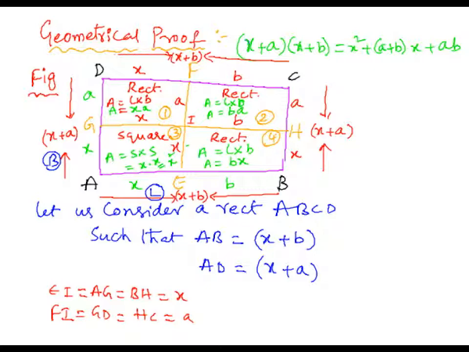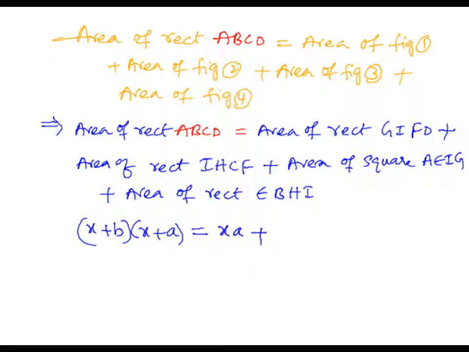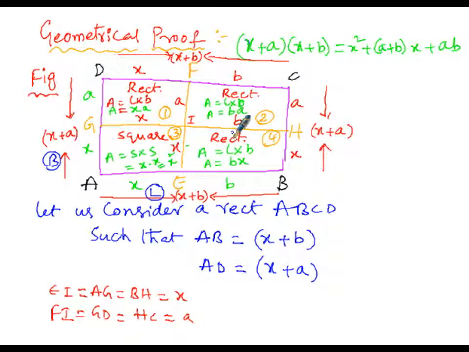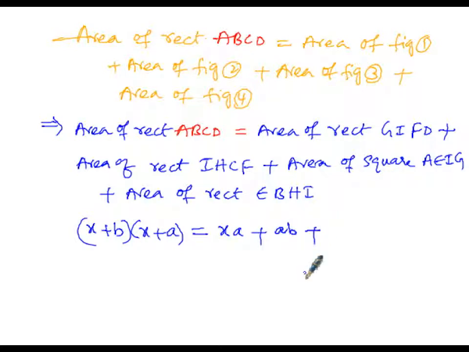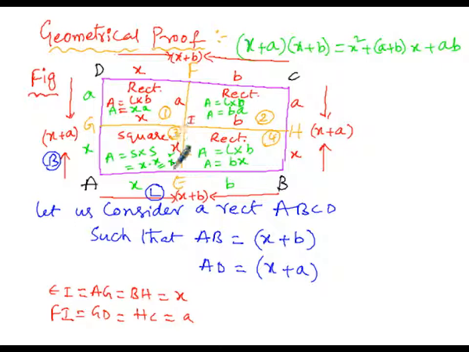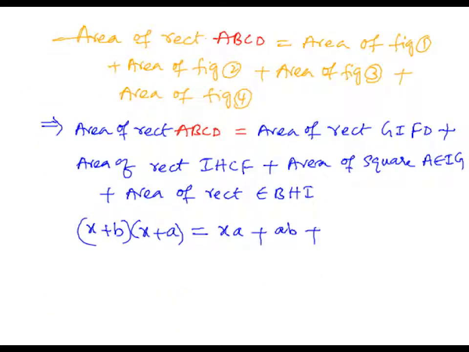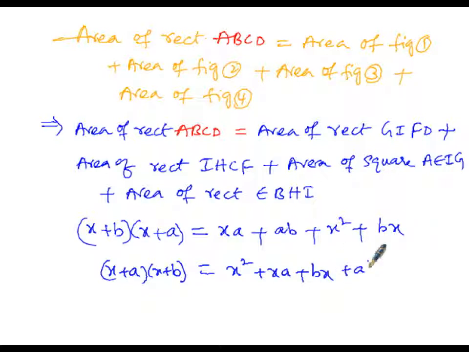So xa plus second figure ab plus third figure area x square plus fourth figure area bx. Now we can alter, because a into b can be written as b into a, so we can write x plus a into x plus b equals, I want to write the square term first, then the x terms together, like terms, that is plus xa plus bx, then the constant plus ab, that is equals to x square.